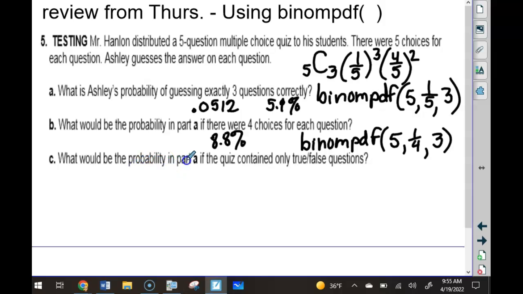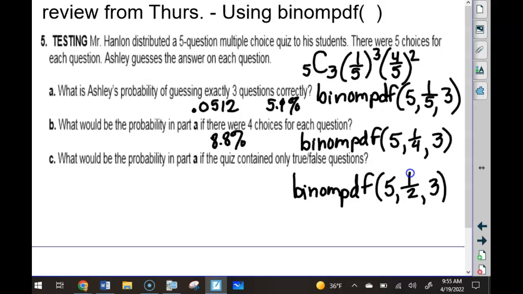All right, what would be the probability if it were only a true-false question? Then your chance of guessing changes a lot, right? So if we're still doing 5 questions, the chance that you guess correctly is a half, and what's the chance you get 3 right?